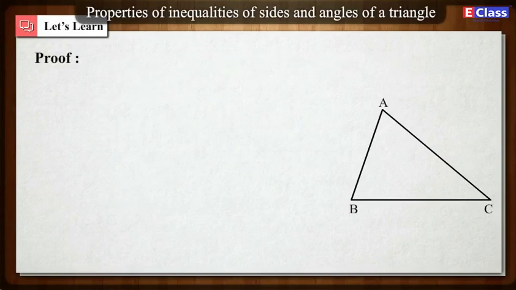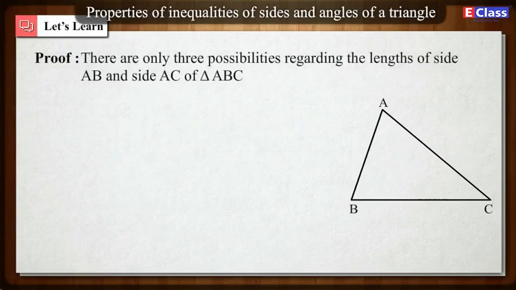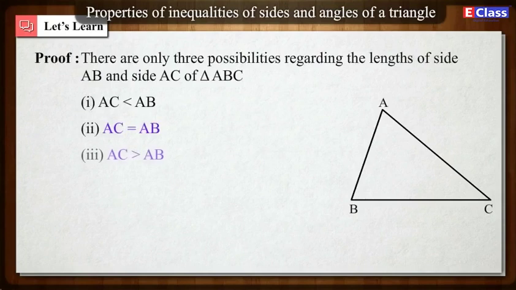There are only three possibilities regarding the lengths of side AB and side AC of triangle ABC. 1. AC is lesser than AB. 2. AC is equal to AB. 3. AC is greater than AB.